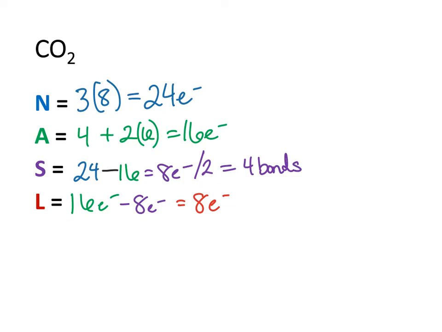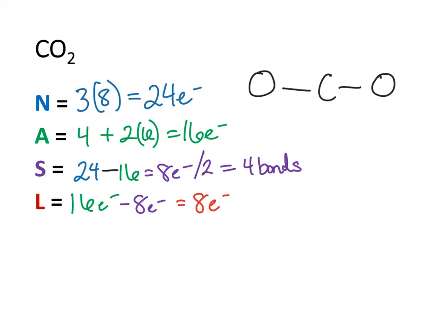If we look at both carbon and oxygen on the periodic table, we'll see that carbon comes before oxygen, meaning it must be my central atom. Are you starting to notice a pattern with carbon? I'm going to begin by connecting my 2 oxygen atoms to carbon, which requires 2 bonds.